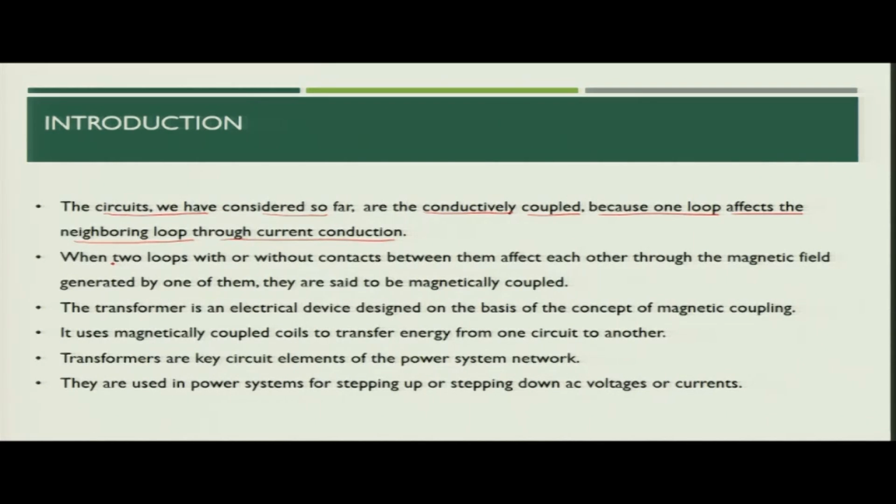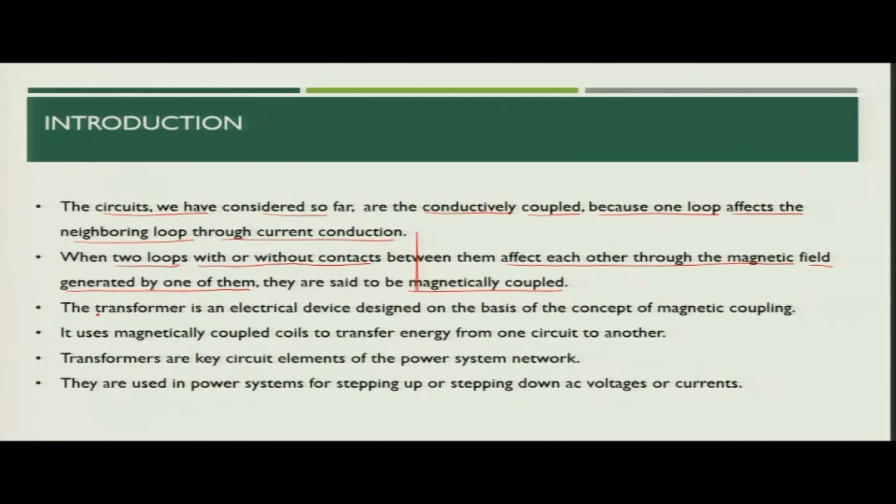Now, in this case we will see when two loops which may or may not be connected electrically, but are coupled together through the magnetic field generated by one of them. In those cases, when we see those kinds of circuit combinations, we call them magnetically coupled circuits.